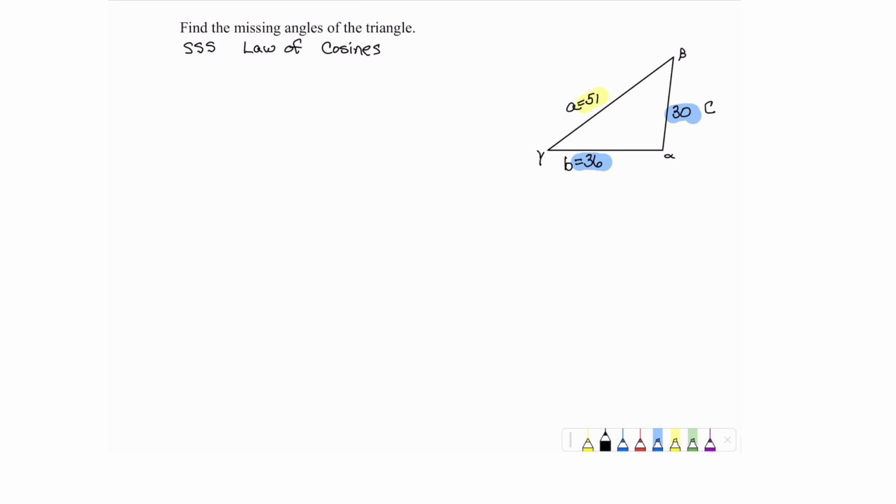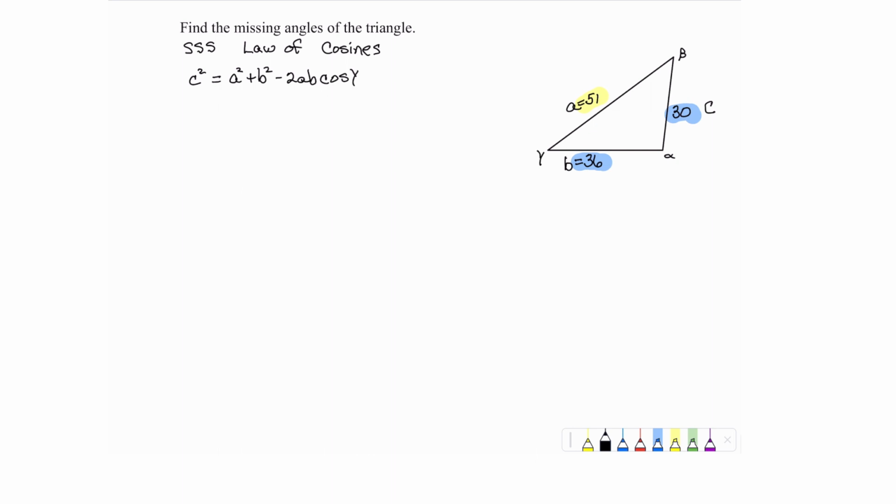The law of cosines that we want to use if we are looking at finding gamma first is C squared, the side opposite the angle we're searching for, is equal to A squared plus B squared minus 2AB cosine gamma.